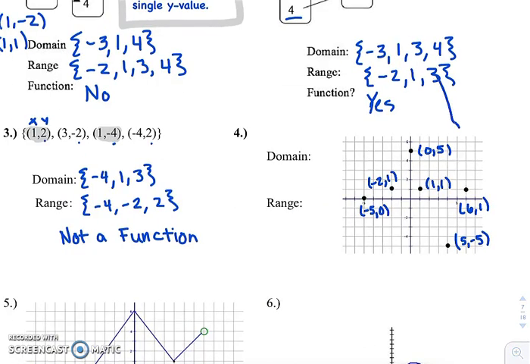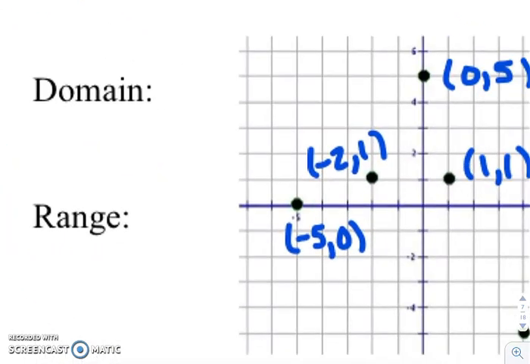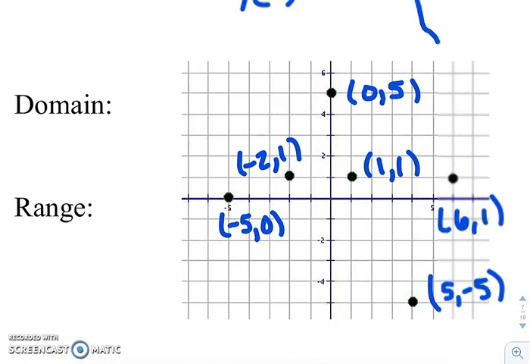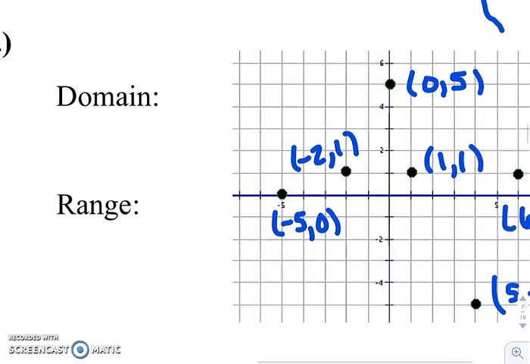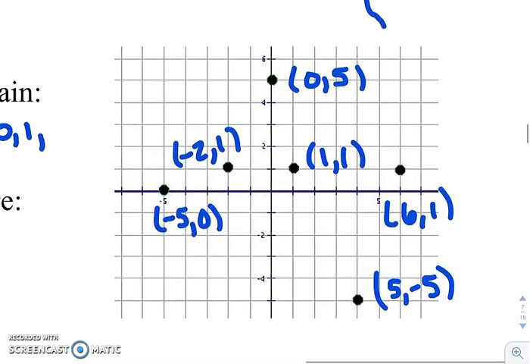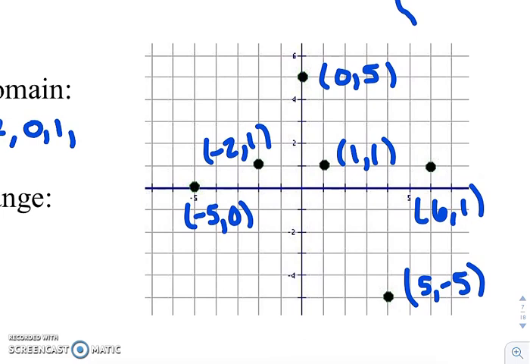So what's the domain? Domain are all of your x values. We're just going to go from left to right. So -5, -2, 0, 1, 5, and 6.